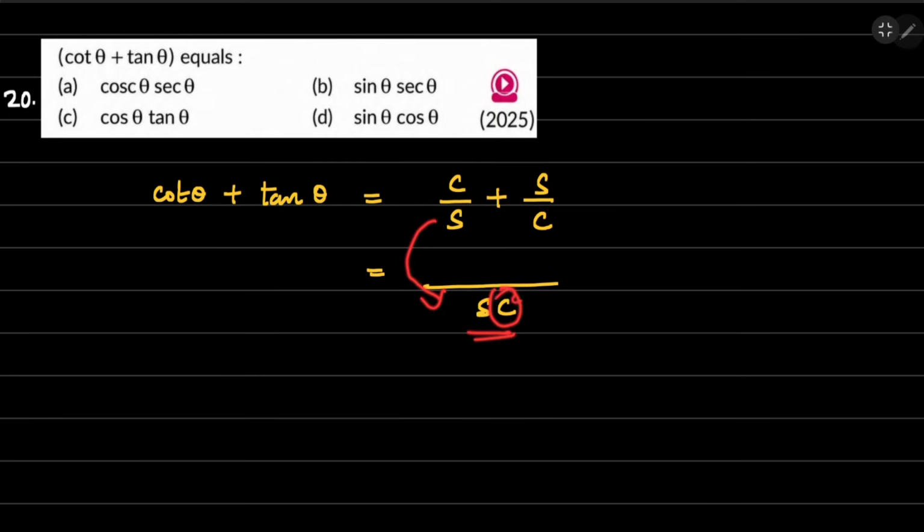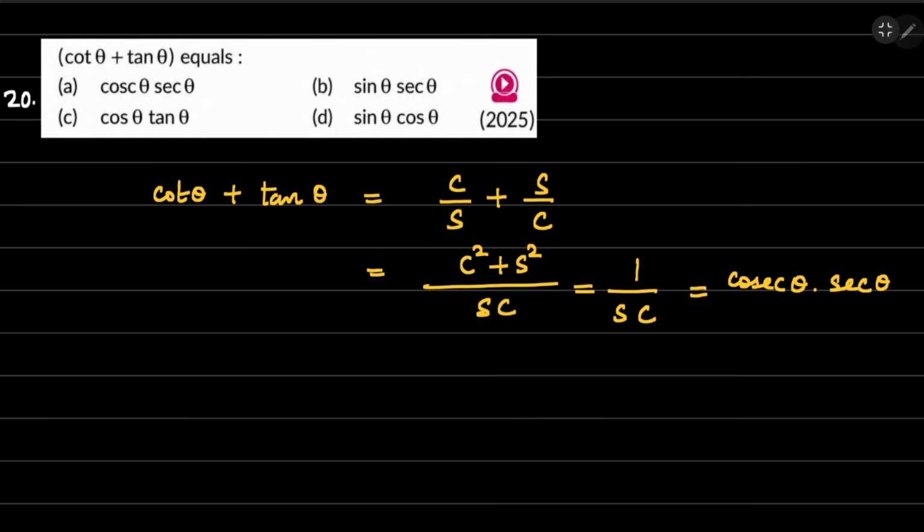It is cos. So the numerator will be cos square plus, again, sine square. What is sine square plus cos square? It is just 1. So 1 by sine theta into cos theta. What is 1 by sine theta? It is cosecant theta. 1 by cos is nothing but secant theta, and that's your answer.